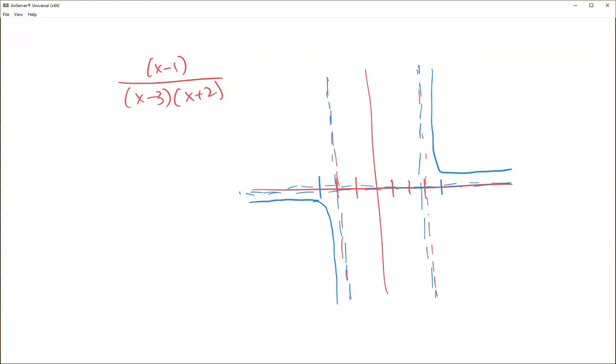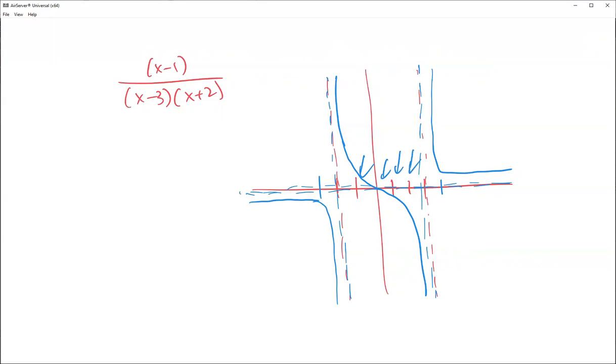Plug in all the numbers, x minus 1, x minus 3, x plus 2. It's going to look something like this. Okay, got to plug in numbers though. Just plug in negative 1, 0, 1, and 2.